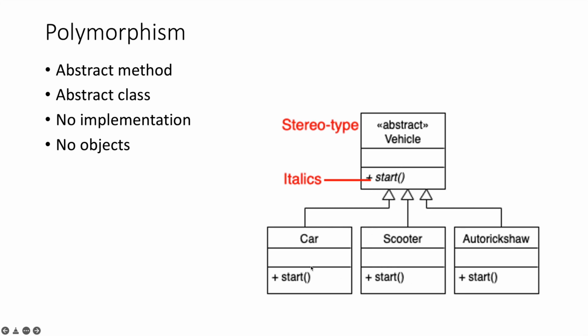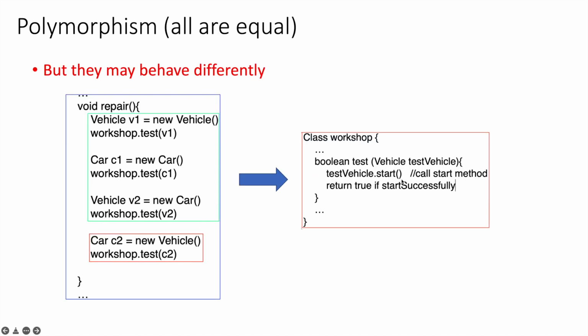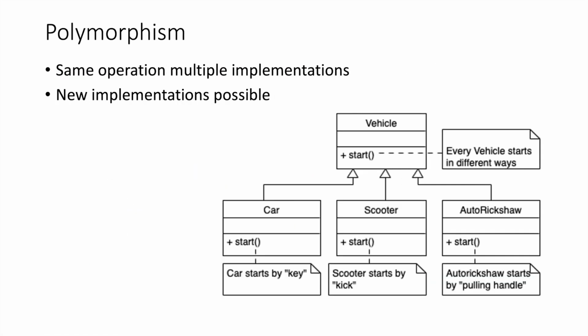This is a base class and these are derived classes. At this moment, ignore whatever is abstract and whatever is in italics. Let's go back to this diagram and see the consequences of this. Okay, let's do a thought experiment on it.